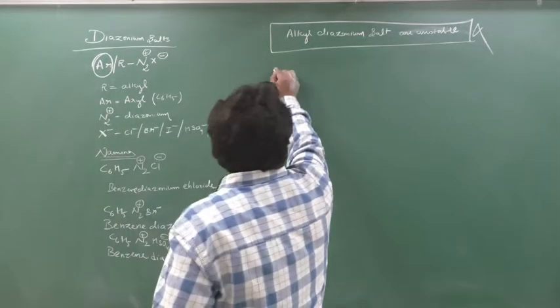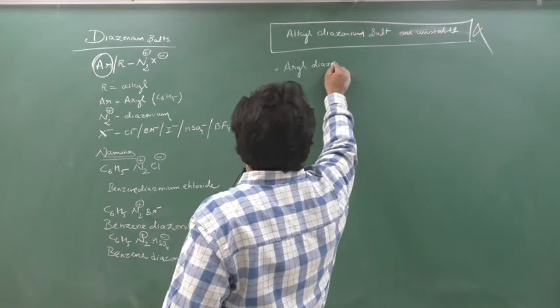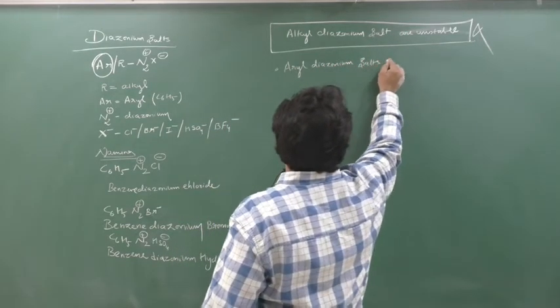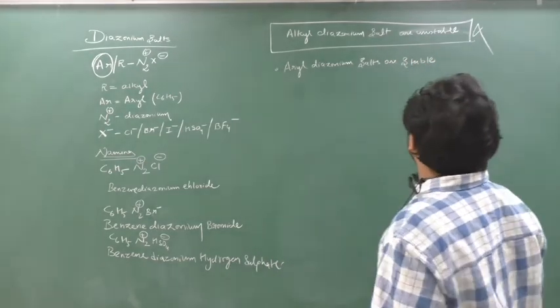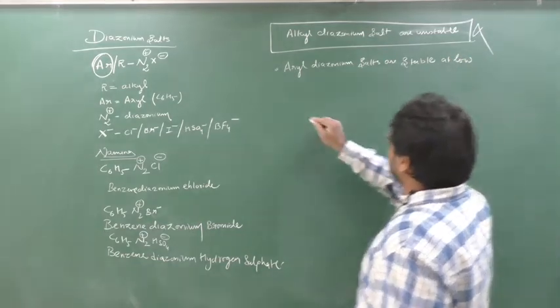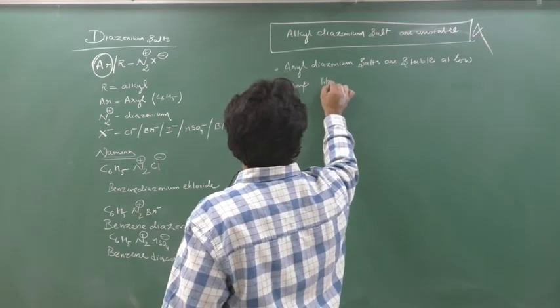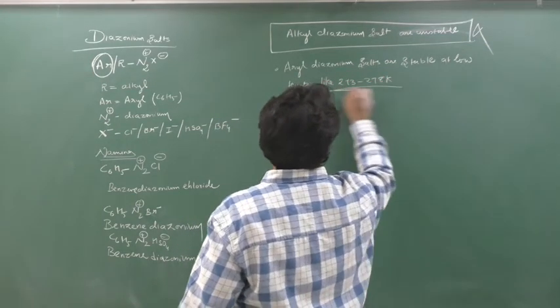So I can write here: aryl diazonium salts are stable. Why? At low temperature, like 273 to 278 Kelvin. This is very important.